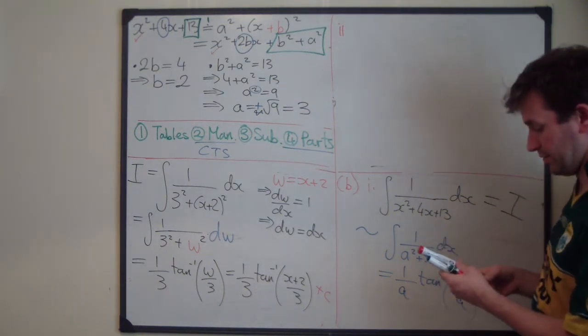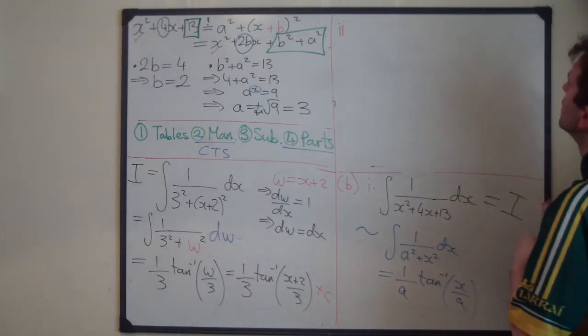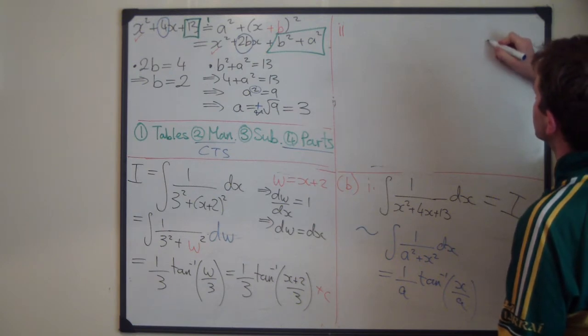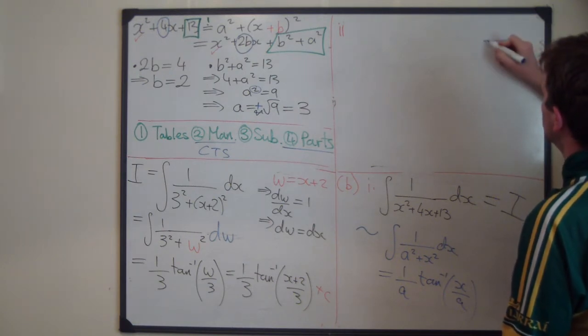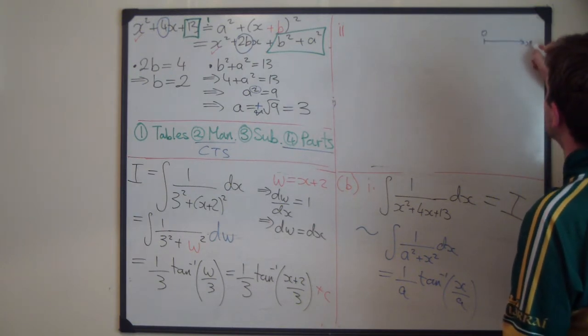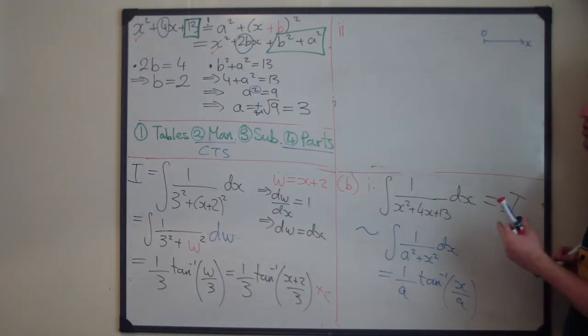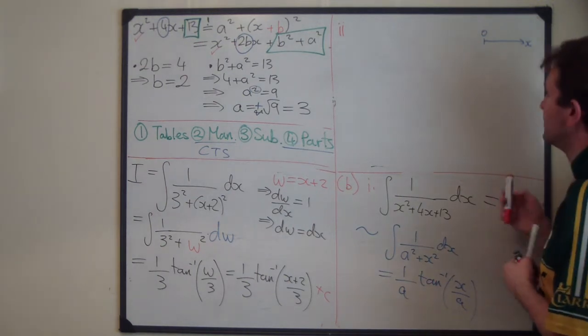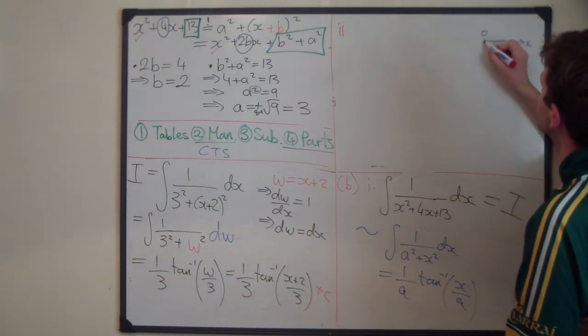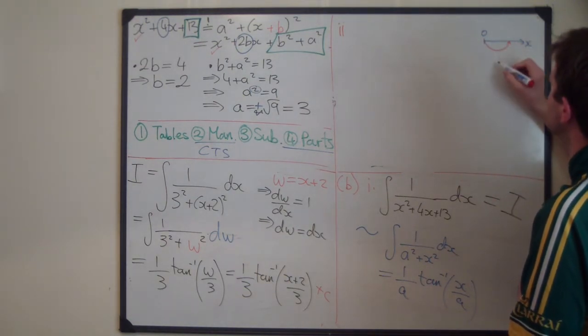If I draw a little picture of what's going on, x in this picture is the distance from O, and O is a distance 0 from itself, and we're going from here to here.